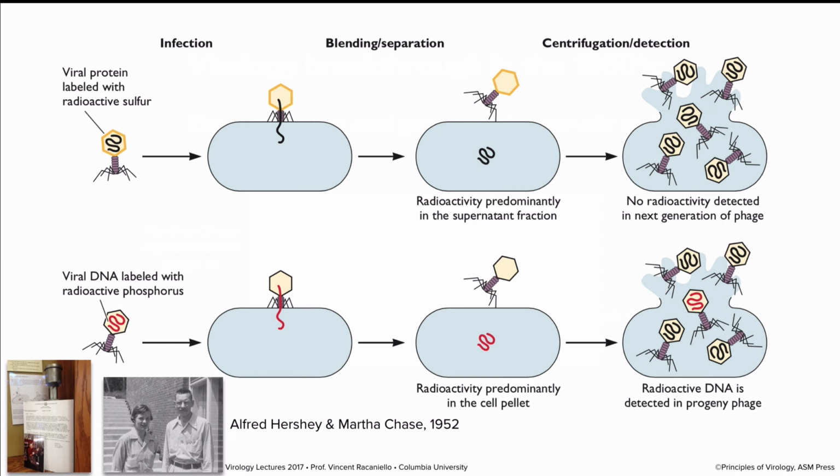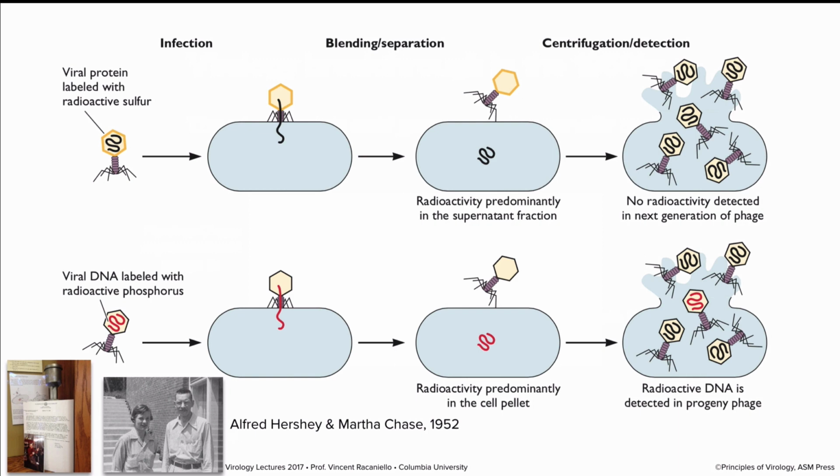So he had a bacteriophage shown in the upper left here, and he grew these in E. coli with radioactive sulfur or radioactive phosphorus. Of course, the radioactive sulfur isotopically labels the protein of the virus. When you grow the virus with phosphorus, P32, it isotopically labels the viral DNA.